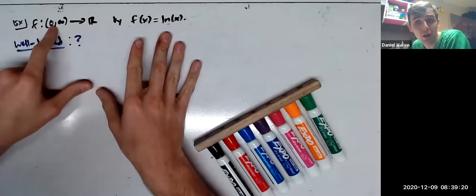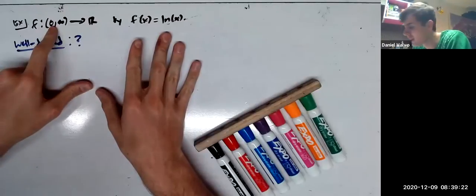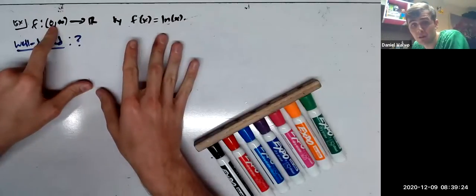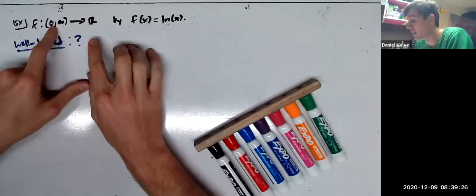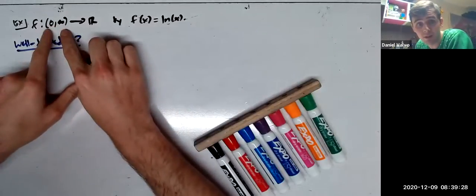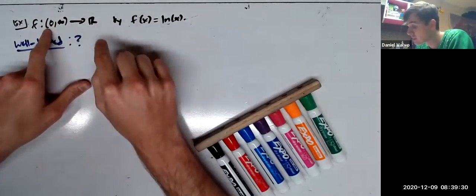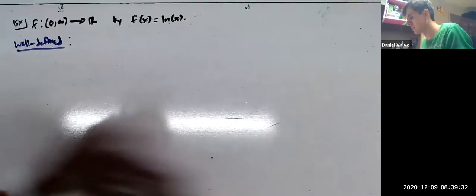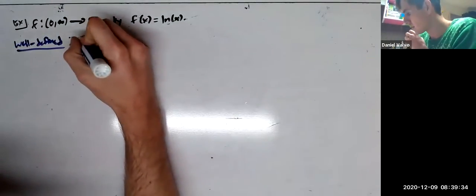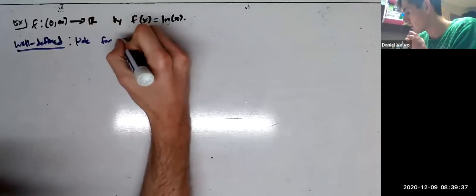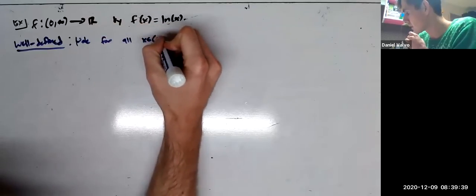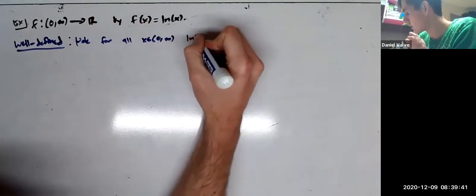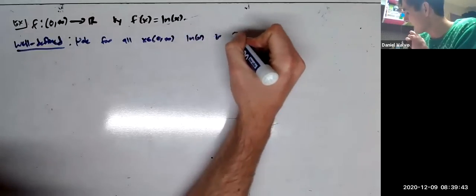Makes no sense. ln(0) makes no sense as well. But for anything greater than 0, ln(x) is defined. So we should first note that for all x in (0, infinity), ln(x) is defined.